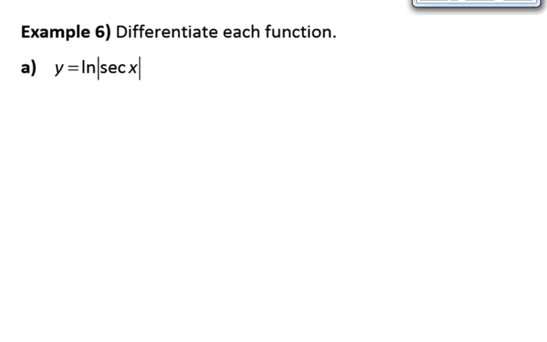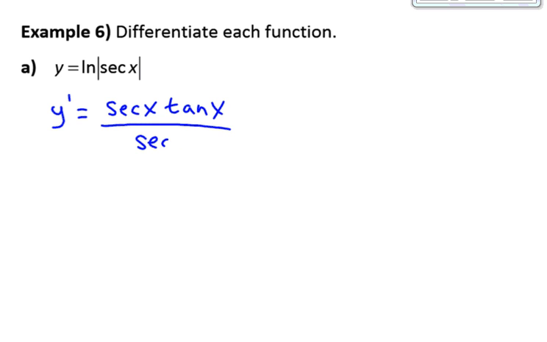Okay, so let's try this with some lovely trig functions. So the natural log of the absolute value of secant of x. So if I was to take the derivative here, we would have u prime over u. So u is secant, so u prime would be secant x tangent x over secant x, which would lead us to just simply tangent of x.